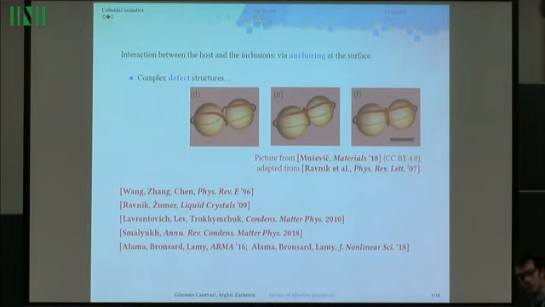As a result of this anchoring, you might see defects, topological defects. This is because the anchoring, let's say, activates some topological obstructions, and therefore topological constraints, and you see topological defects. And there are several works in this field, on topological defects induced by the presence of inclusions.